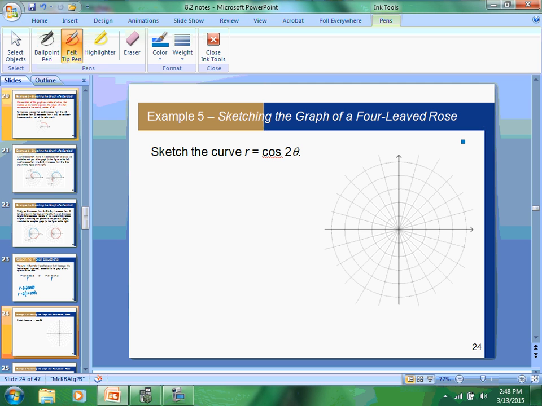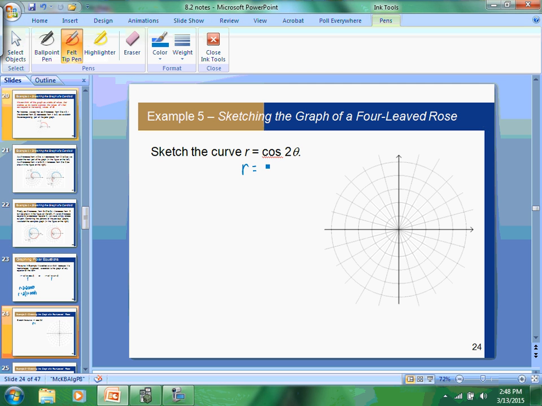So when we're graphing this, we have r equals cosine 2 theta, and really this could be written a different way, and that might be a little bit easier for us to work with if we rewrote the equation, because cosine 2 theta is a double angle. So it's easier if you think of that in terms of what the double angle actually means.